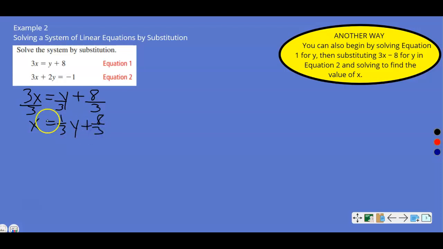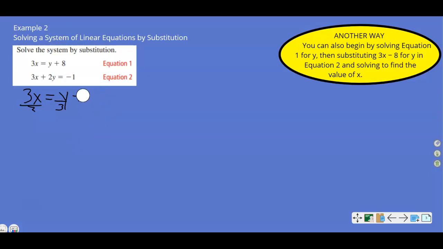Now, that's not the only way to do it. Since we ended up with fractions there, it may make it a little bit harder to substitute for some of you. So if you look over here, it says there's another way you can do it. You can also begin by solving the equation for y, then substitute into the other equation. So even though y is on the right side of the equation instead of the left, let's go back and solve for y instead of x.